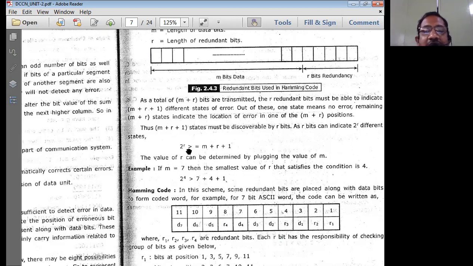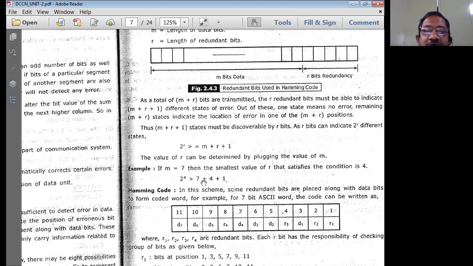So now let us say m is equal to 7. If you take m equal to 7, then using this equation, what is the smallest possibility for error checking? Definitely 4 bits are required. That is the smallest possibility, because if you take R equal to 3, what happens? 2 power 3 is equal to 8.